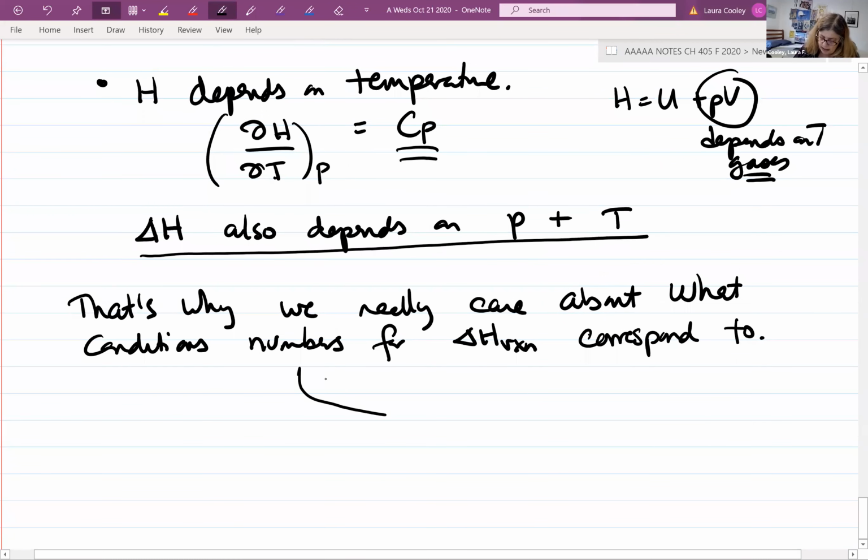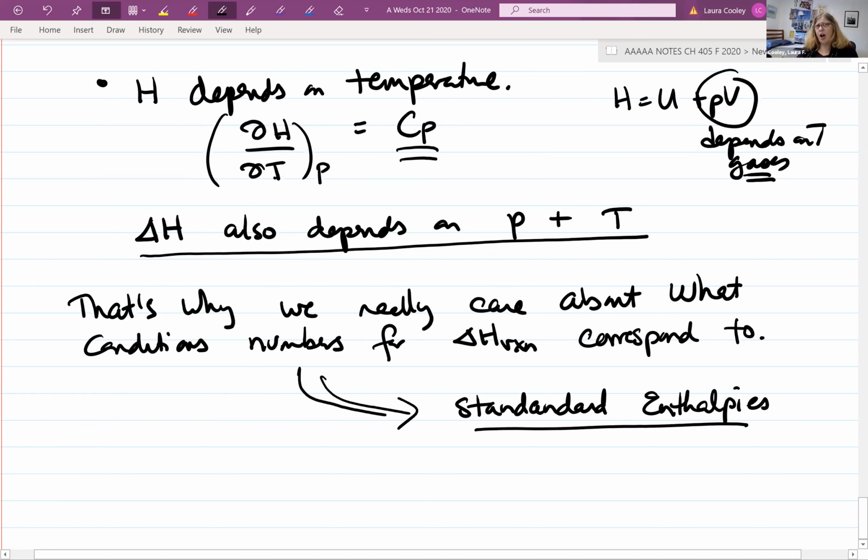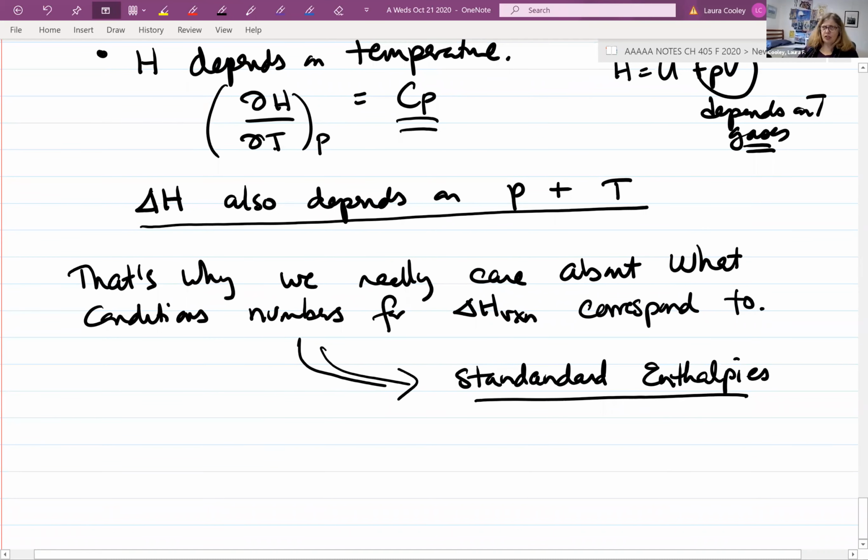Which kind of brings me to the idea of what we call standard enthalpies. All the time we talk about the standard enthalpy of this, the standard enthalpy of that. And what does that even mean?